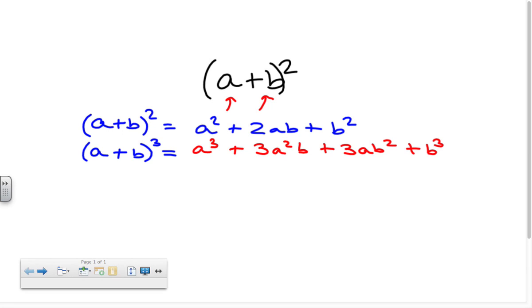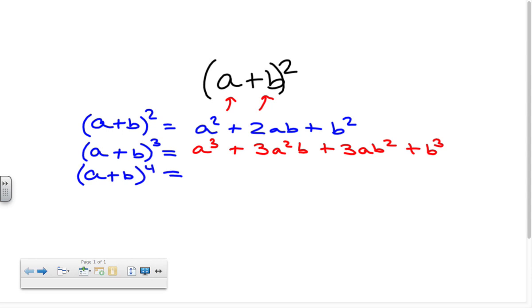So this is if we were to take a plus b to the third, which is the same thing as, let me write this just on the side here really quick so we can see what we're looking at: a plus b times a plus b times a plus b. I want you to understand what's going on here so we understand why we're getting the answers we're getting. They get longer the higher the exponent, right? So let's also look at a plus b to the fourth.